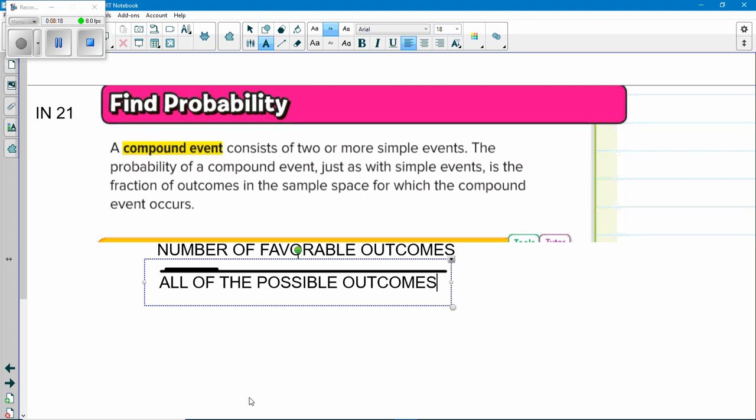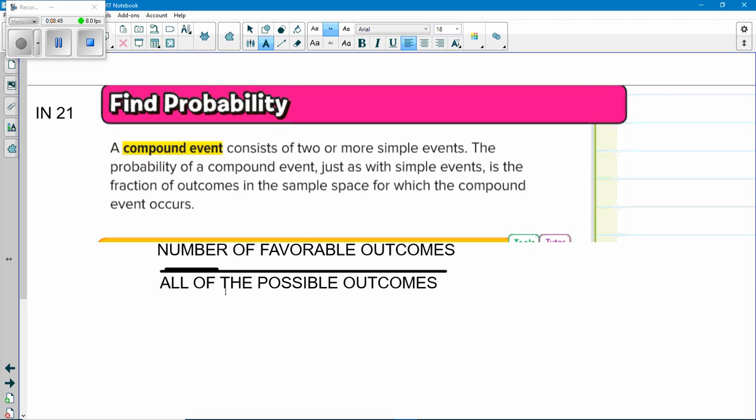And since it's a fraction, it can be turned into a decimal, it can be turned into a percent, and it's a fraction, it's always between 0 and 1. 1 means it's guaranteed to happen, 0 means it'll never happen. Okay? So what we have to do is we're going to be asked a question about a couple of events. We'll first figure out everything that can happen, and then we'll figure out the ways, what we want to happen, ways we can win, favorable outcomes.